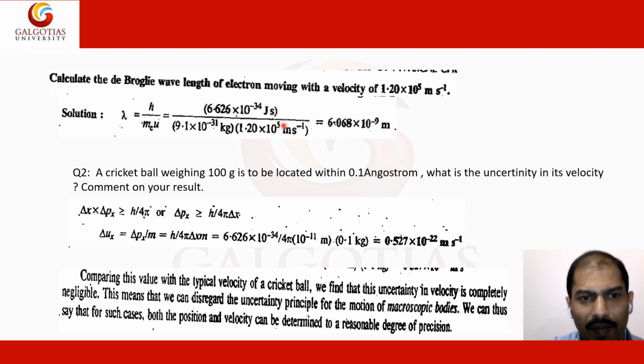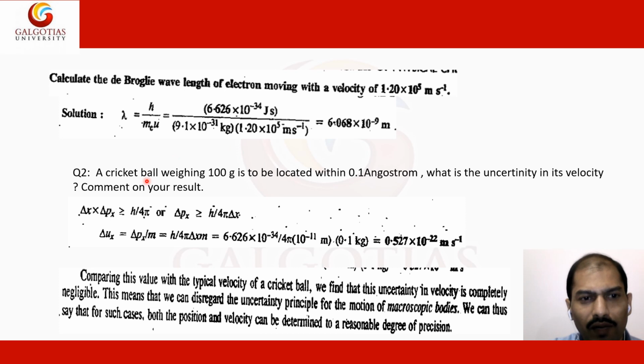If it is asked for the electron, the mass of the electron is approximately 9.12 into 10 to the power minus 31 kilogram. And the velocity is given, so you have to put it in this equation. Finally you will get the answer lambda in meters, and you can convert it into centimeters and other units as per the requirement.